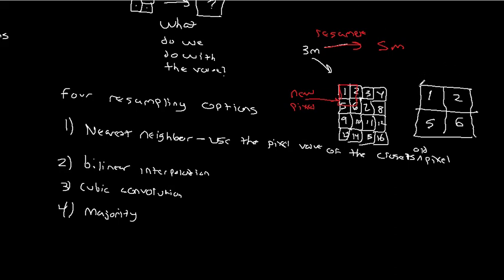And our new pixel looks something like this. Symbolically, nearest neighbor is going to say, okay, the centroid of this pixel is here. The green dot is the center of the pixel.